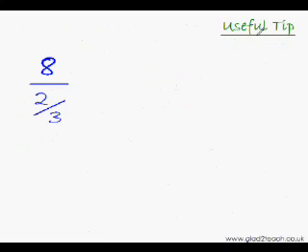One very useful tip for you: whenever you have to divide a number by a fraction, you can either do it the usual way, by putting all the steps down. Since this is 8 divided by 2 by 3, we can write it that way. 8 divided by 2 by 3. And as you know, division is nothing but the inverse of multiplication.